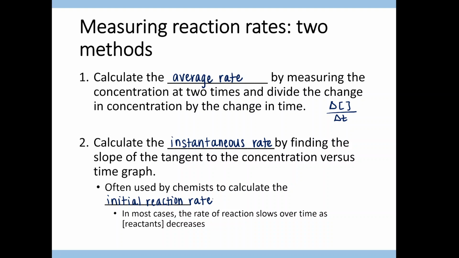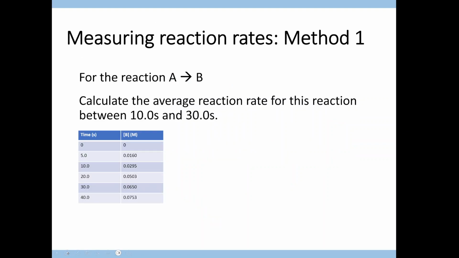Okay, so let's do an example here. We'll do method 1, measuring change in concentration over time, and method 2, looking for a tangent line. So let's say we've got this 1-to-1 molar ratio, reactant A forming product B. And our goal is to calculate the average reaction rate for this reaction between 10 seconds and 30 seconds.